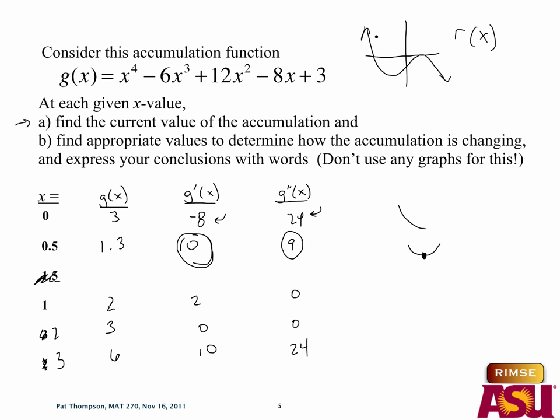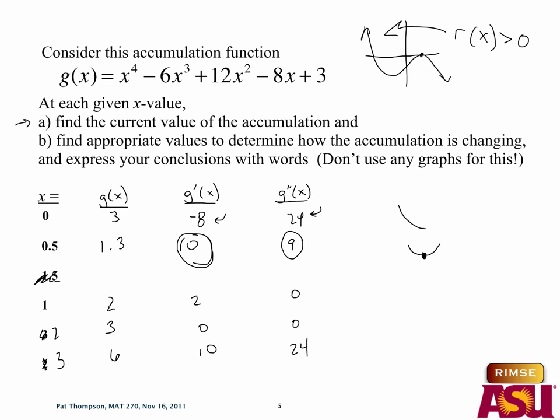The original function is increasing, because saying that r of x is above the x-axis is equivalent to saying it's positive. When you graph the rate function, its outputs are the y values, right? And all the rest of this graph, the r values are negative, so the original function would be decreasing, right?